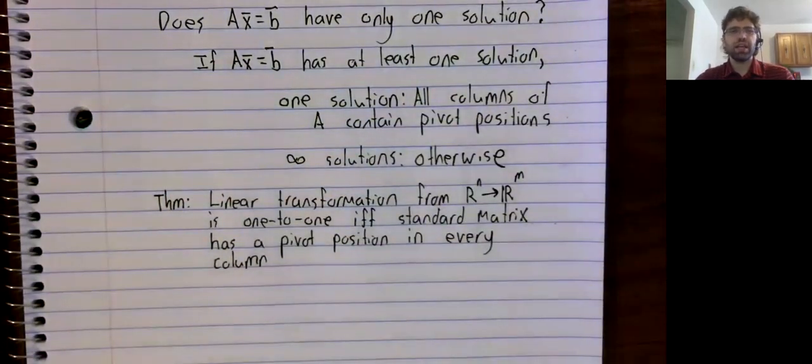So take care not to get this theorem and the previous theorem confused. One is asking about pivot positions in columns. The other is asking about pivot positions in rows.